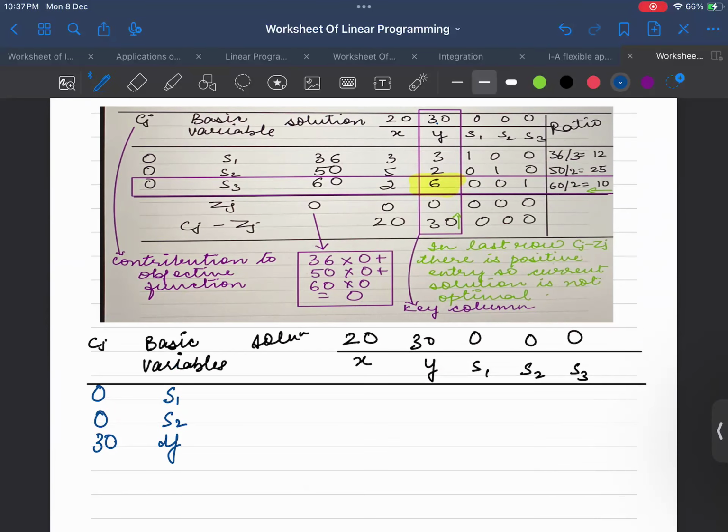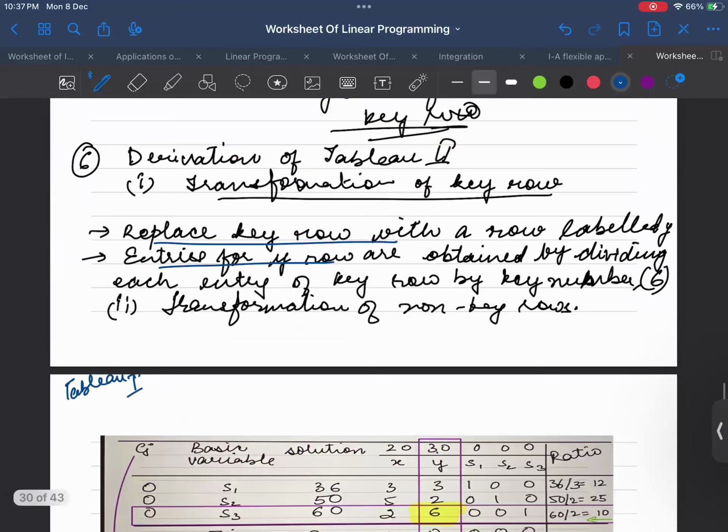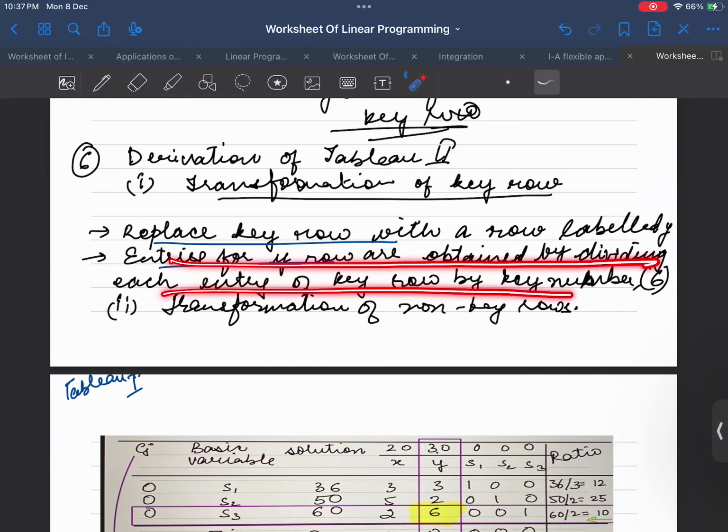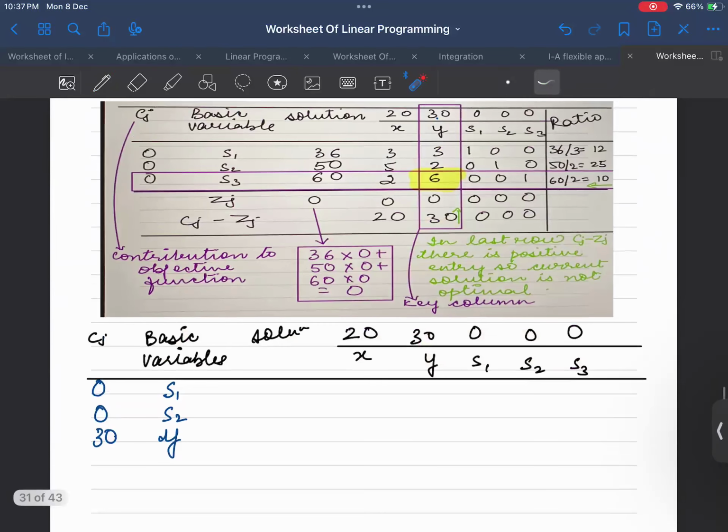Now the second part: the entries for the key row are obtained by dividing each entry of the key row by the key number. Each element of the row, we have to divide by 6. Here it was 60. 60 divided by 6 comes out to be 10.